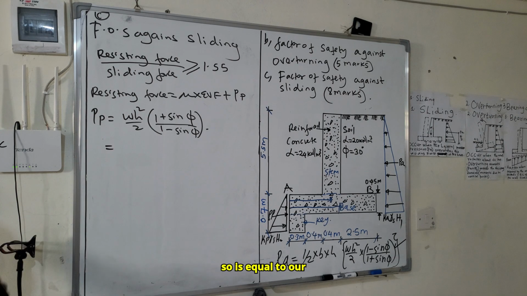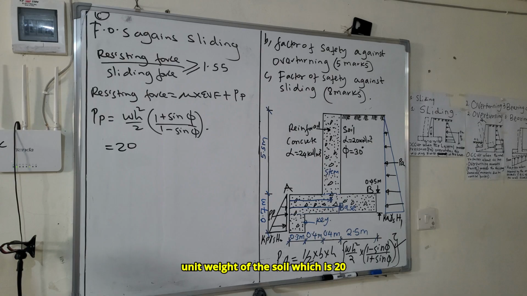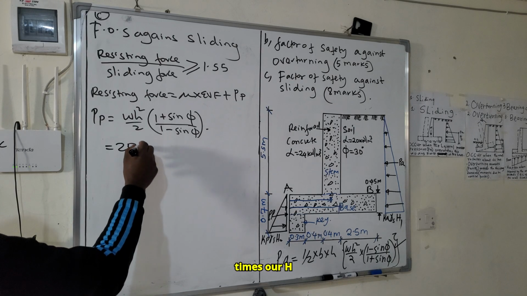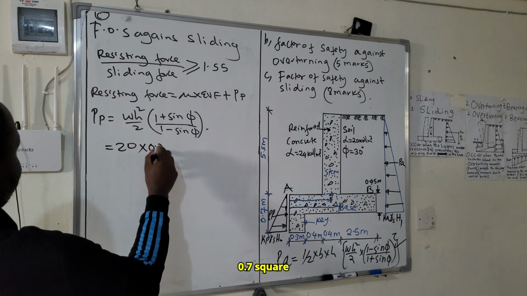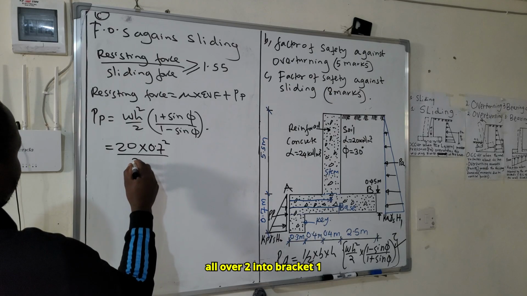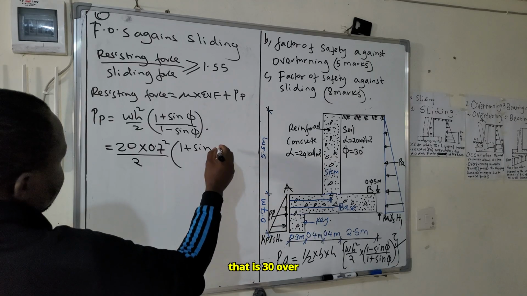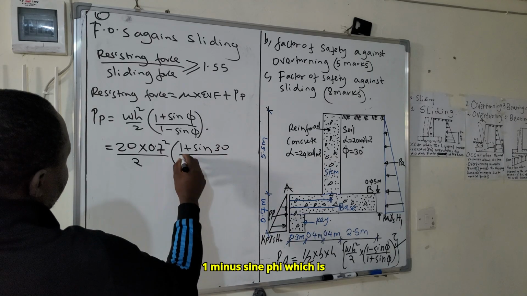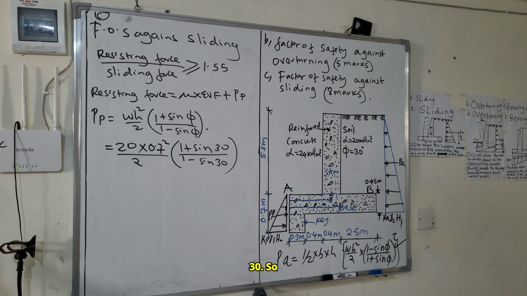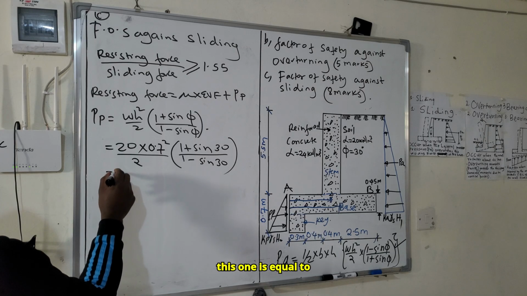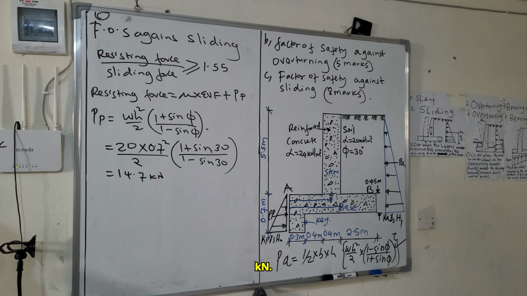So it's equal to, our W is the unit weight of the soil, which is 20, times our H, from here to here, 0.7 squared all over 2 into bracket 1 plus sine phi, that is 30, over 1 minus sine phi, which is 30. So this one is equal to 14.7 kilonewton.